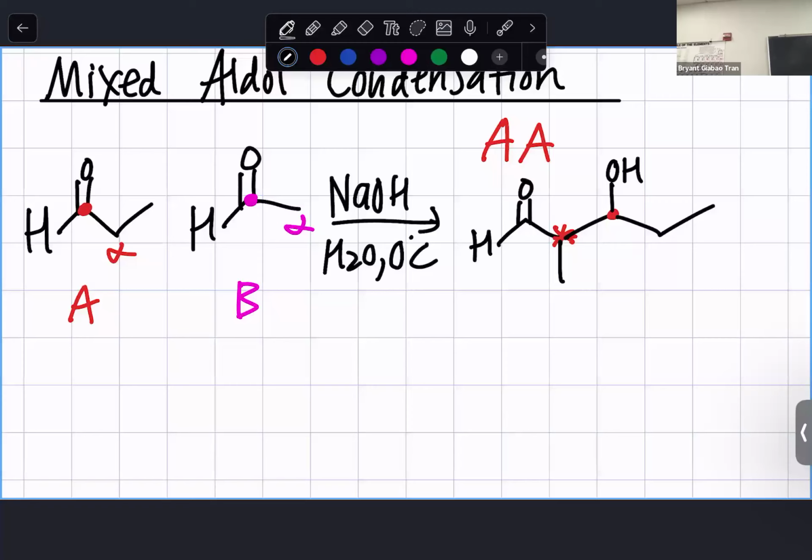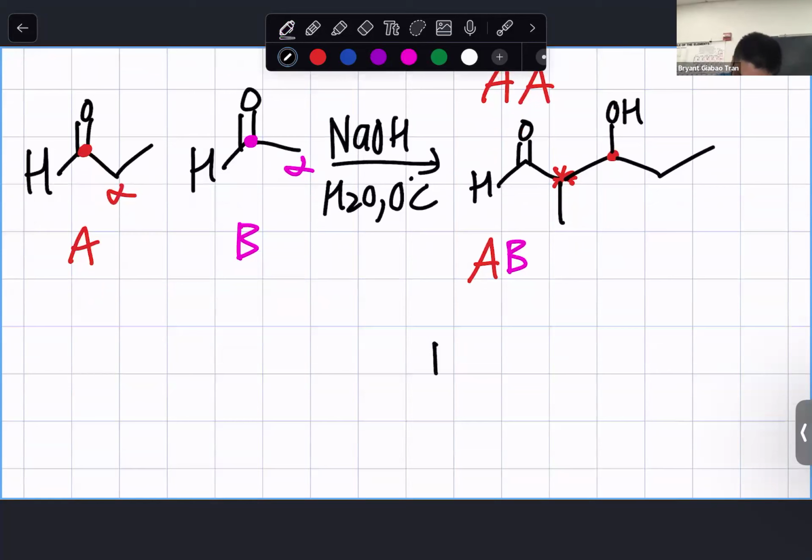Now the other product: we use that same nucleophile A, but this time we attack the electrophile B. So this is going to be the AB product. Let's use that same nucleophile with the same star and its methyl group. I'm going to draw the new bond and color code it blue to show it's the new bond that gets formed. This is the dot atom, but now it's pink because this is the electrophile of B. What do I have to include on that pink dot atom when I predict the product?